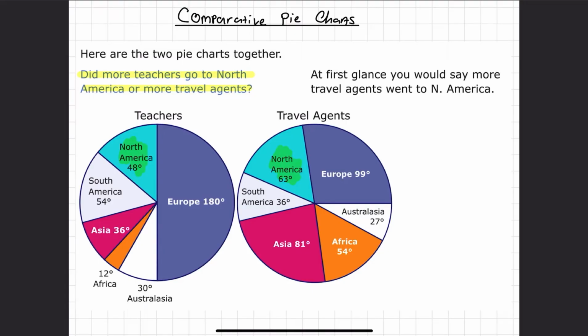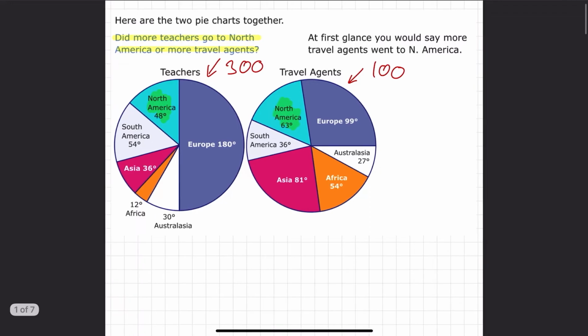For example, I could have sampled only 100 travel agents, whereas I sampled 300 teachers. So if I'm trying to figure out how many teachers went to North America, I could take my 48 degrees out of 360, and I'm going to times that by 100.